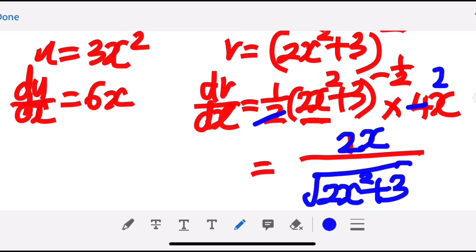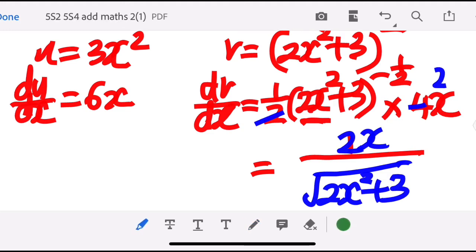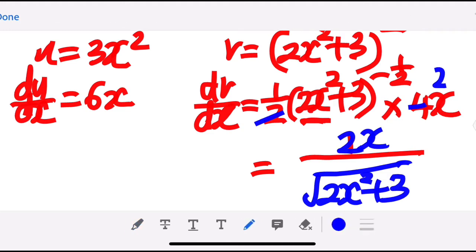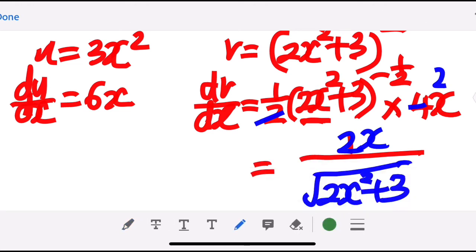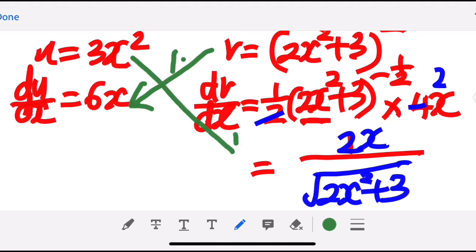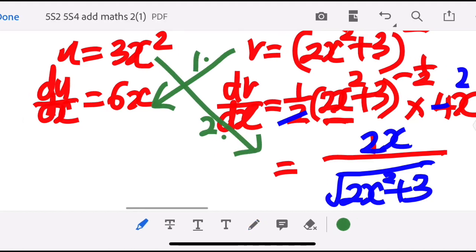Alright, so it's actually 2x over square root of 2x squared plus 3. So we are going to multiply with the v first. So this v times with this one, we do this one first, followed by these two, right? This is the second step. So let's do it now.